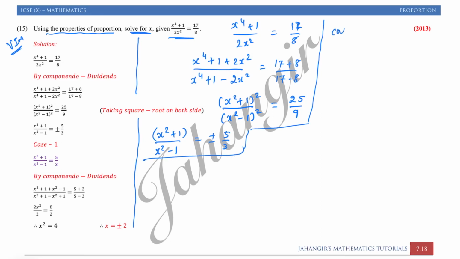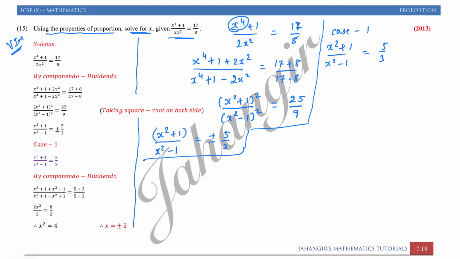Case 1: (x^2 + 1)/(x^2 - 1) = 5/3, because when we have x raised to 4, we always have 4 values of x. You have seen in quadratics that x square means we have 2 values of x. Same way, when we have x raised to 4, we will have 4 values of x.